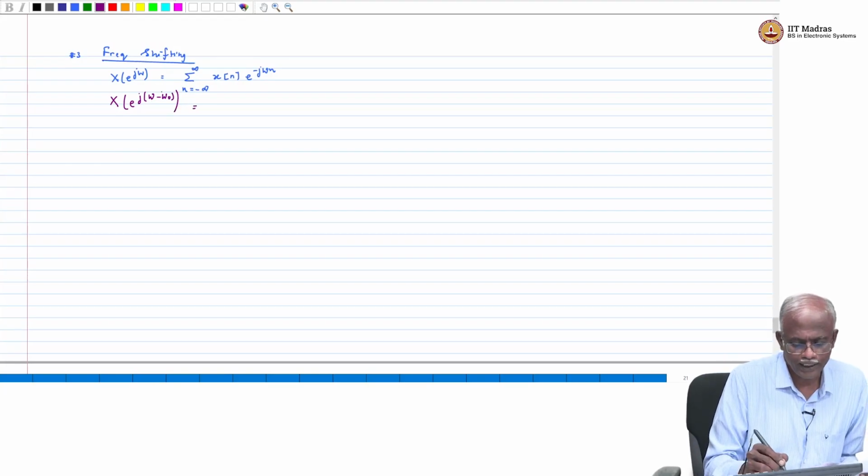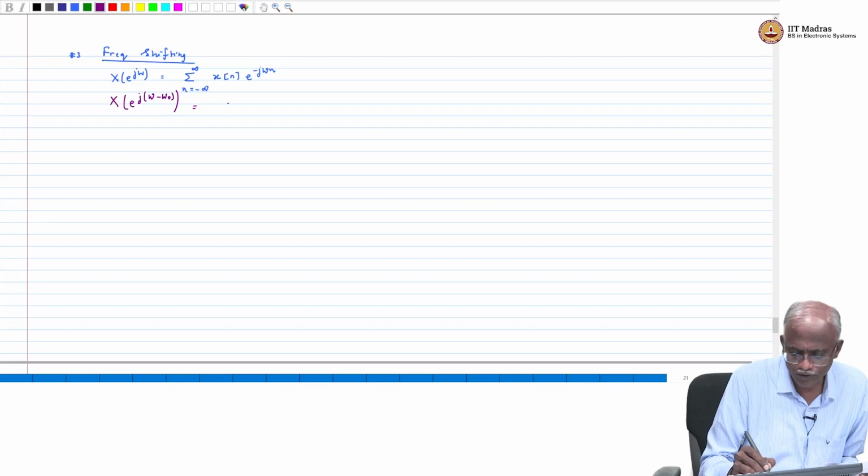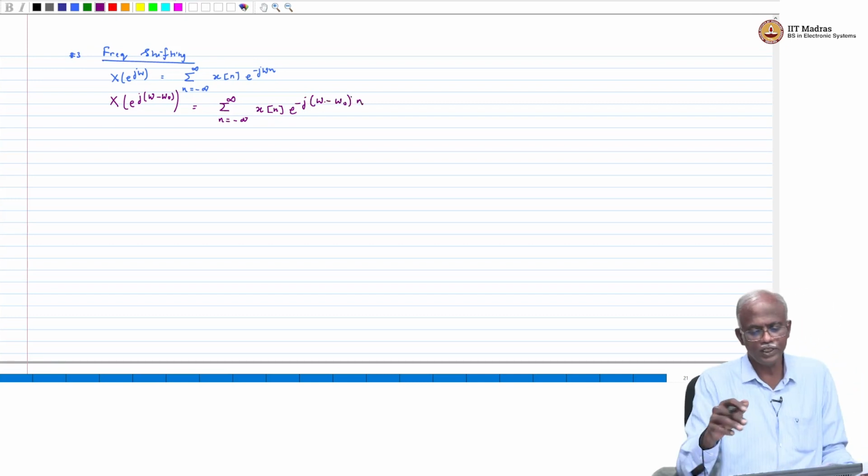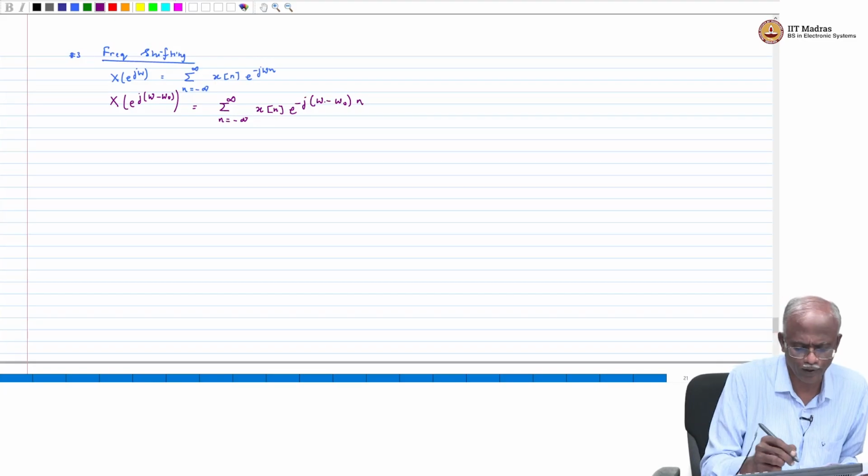If you have changed ω to ω-ω0, you have to change it on the right side also: summation n equal to minus infinity to infinity x[n] e^{-j(ω-ω0)n}. Wherever there is ω, you have replaced it with ω-ω0.